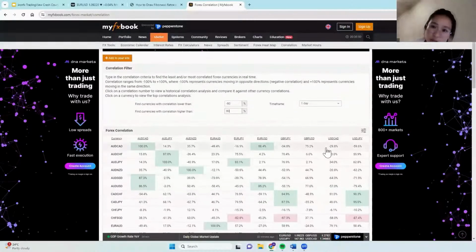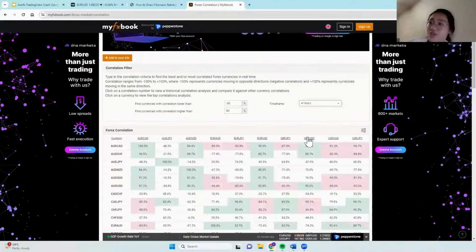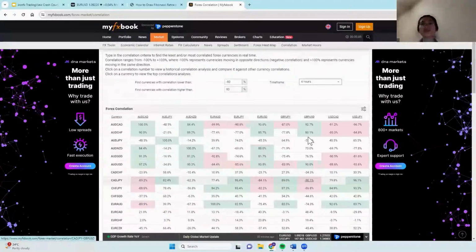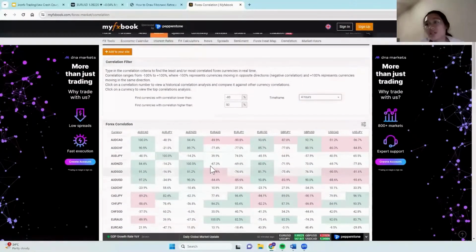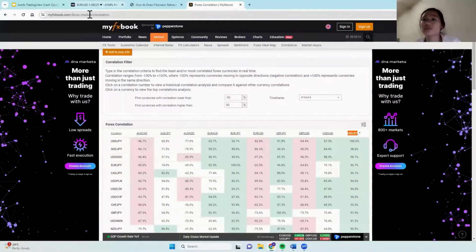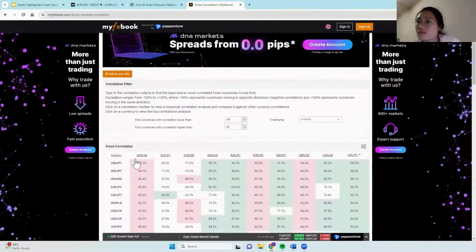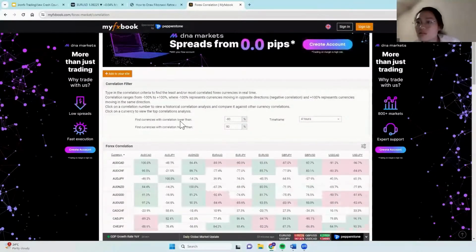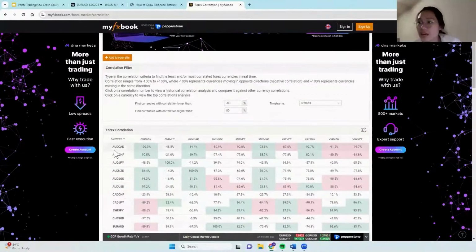You can choose your time frame depending on your trading strategy. I'm looking at 4 hours. You can see here, for example, AUD CAD and Euro JPY, it's very negatively correlated. Or actually, let's look at AUD CAD and USD JPY.